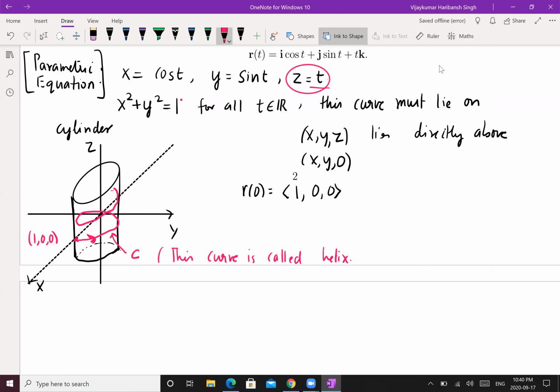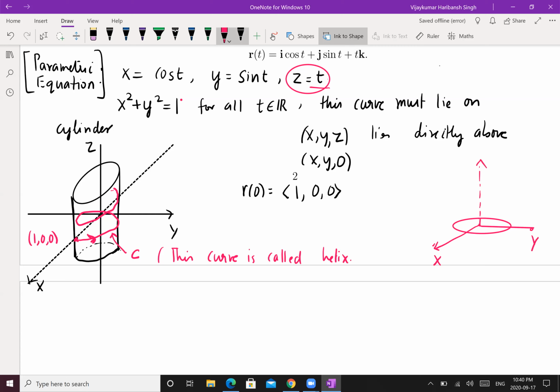Another way to look at this is the following. If you look at the projection of it in the XY plane, the projection of it is a circle in the XY plane, right? So in the XY plane, this is the projection of the curve.